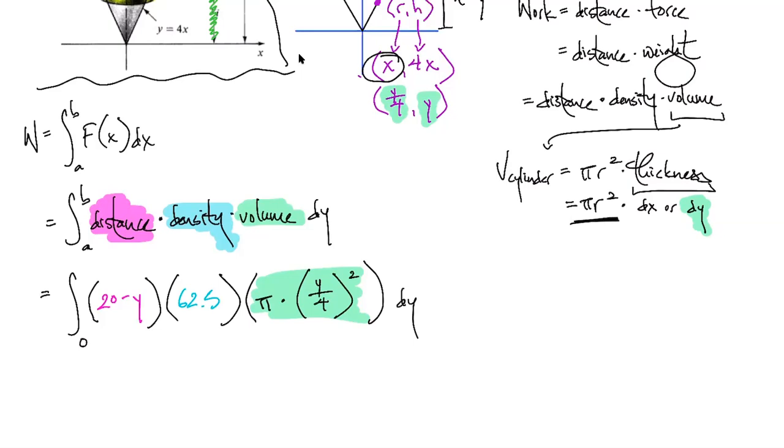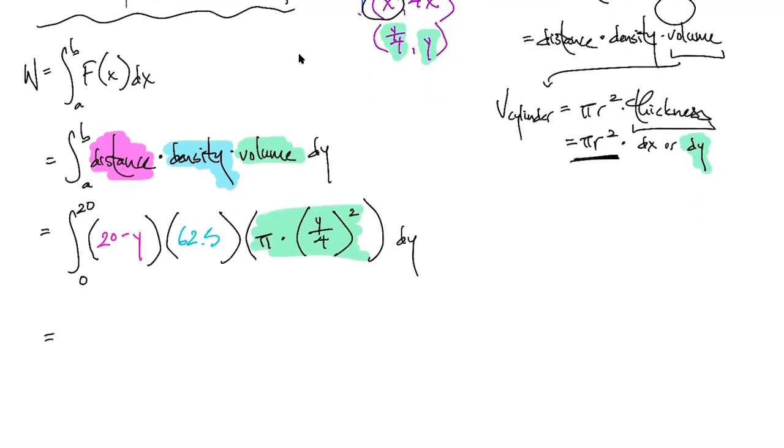Yeah, the bottom water is 20 feet away from the top. So that's where our bounds come from. We have 0 to 20. The 20 is the maximum distance that the water is going to travel, and 0 is the minimum distance the water is going to travel.